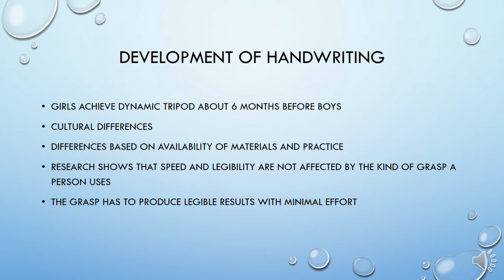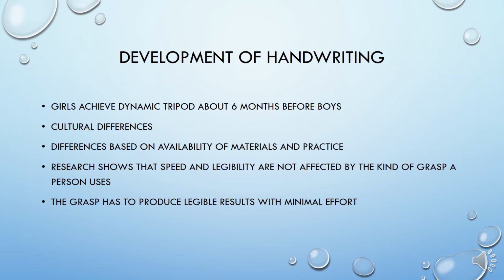Boys are also, in terms of their interest level, much more interested in general in doing physical gross motor activities than girls. This is just in general. There are certainly girls who are much more interested in gross motor skills, and there are certainly boys who are much more interested in fine motor skills in writing. But this is a general rule of thumb that girls achieve it a bit before boys.